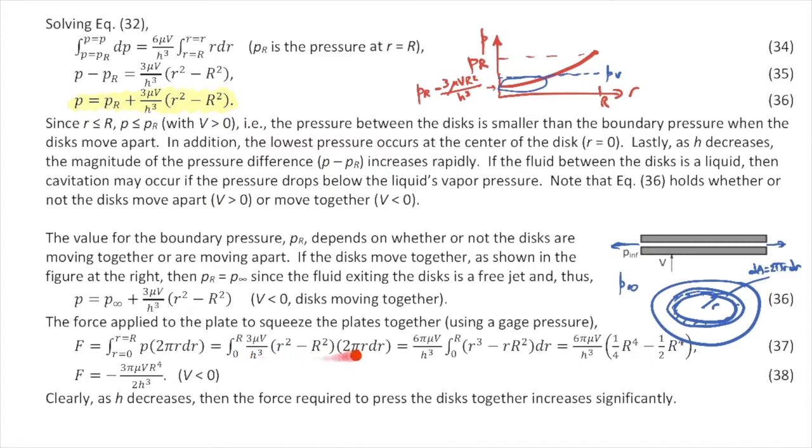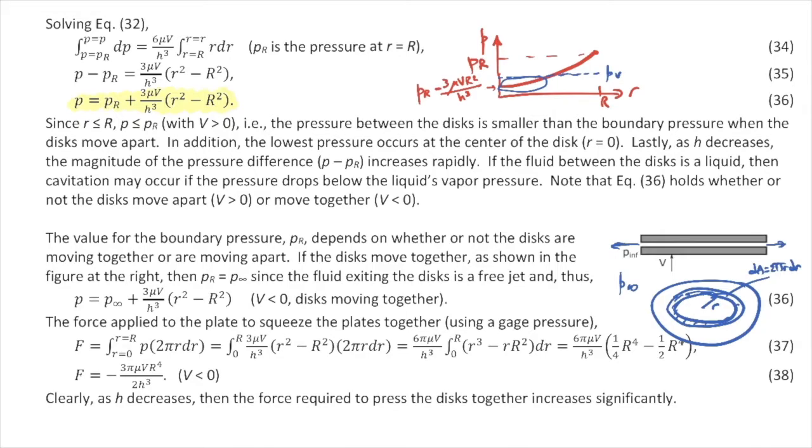Then I integrate that, go through some math, and ultimately here is what my force looks like to squeeze the two disks together. You'll see a negative here, but keep in mind V is negative because it's pushing the disks together, so the whole thing will be positive. So you can see that we have to apply force to push the disks together.